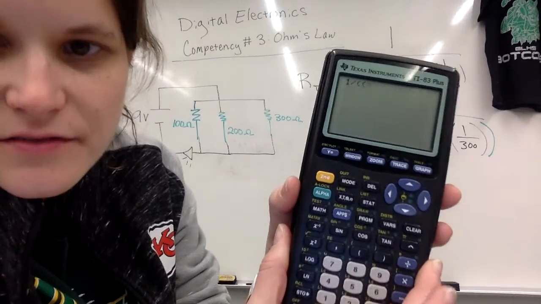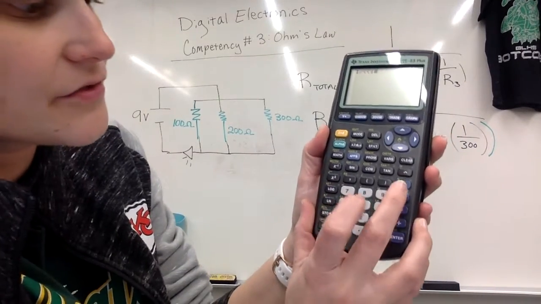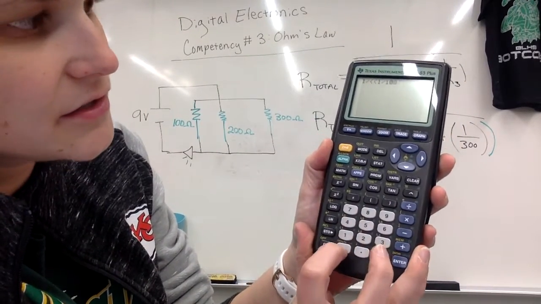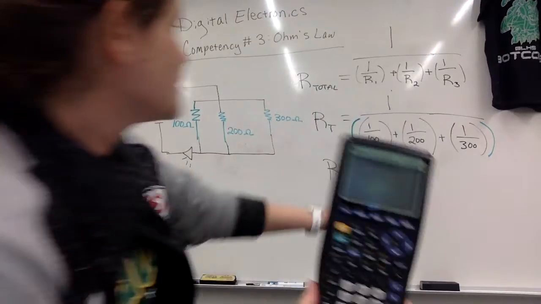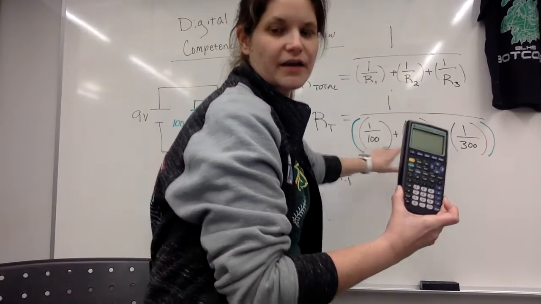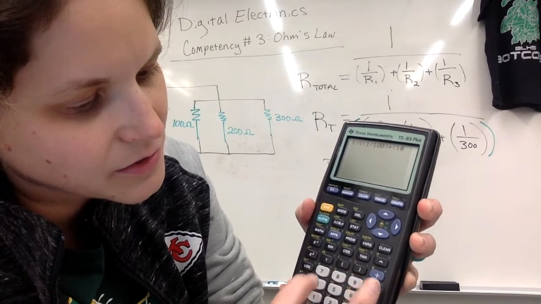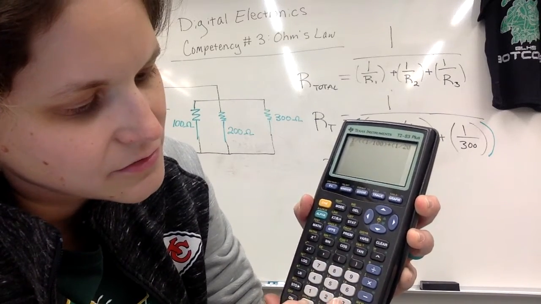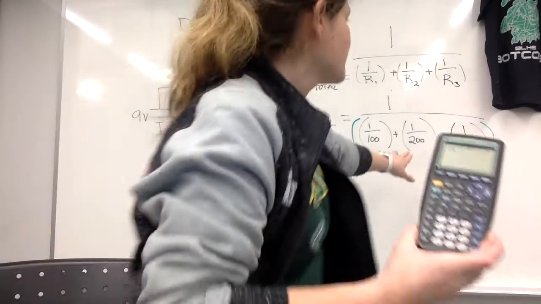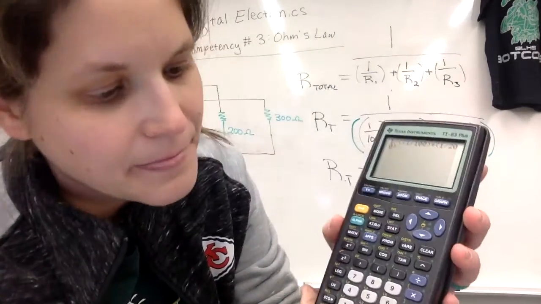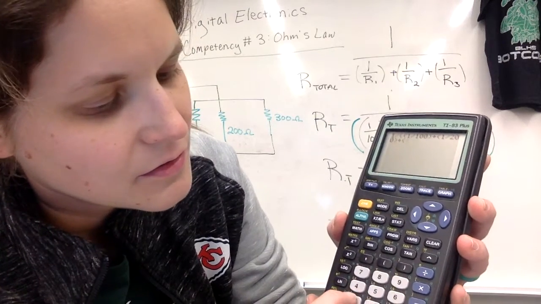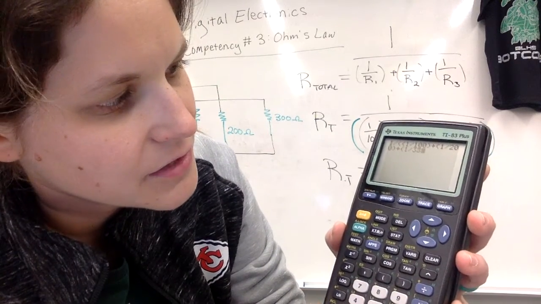So we've got the 1 divided by, and then the first one is 1 divided by 100. That was this first little guy here. Plus 1 divided by 200, second little guy. Plus 1 divided by 300.